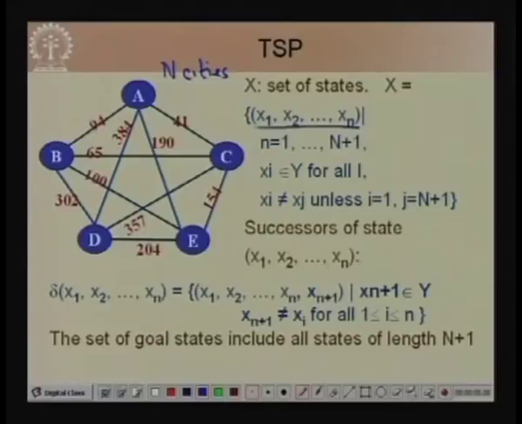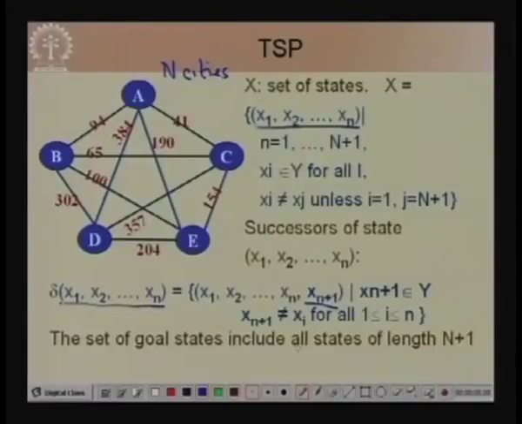The successor of a state x1, x2, xn is represented like this. The successors of this state are all states which are extensions of this Hamiltonian path, that is, states x1, x2, xn, xn plus 1, where xn plus 1 is a city which is not equal to any other city which already existed in this path.